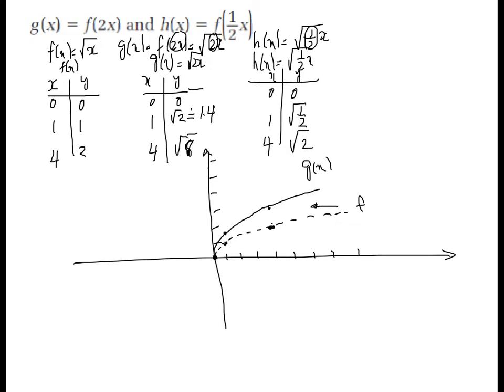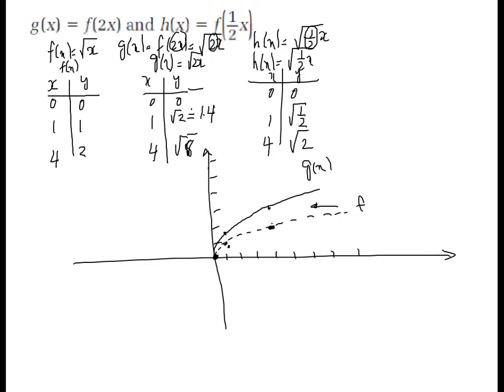For h of x, again we have x 0, y 0, which is this point. Then when x is 1, y is square root of 1 over 2, square root of 0.5 is about 0.7. So when x is 1 it is about 0.7, which is about this point.